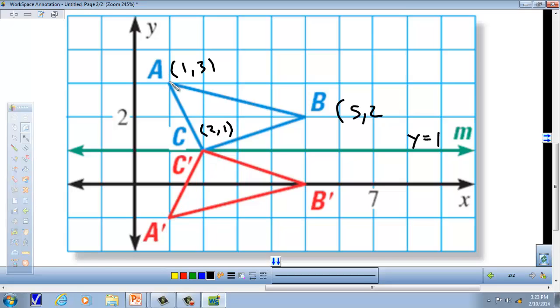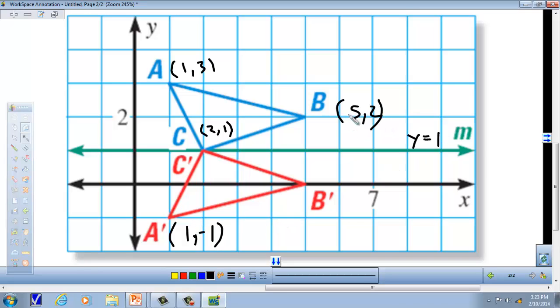So with A, we can see that it's 2 units above the line, so we want to go 2 units below the line. That would make this point 1, -1. Basically, it's 3 minus 2 to get to 1, so we'd go another -2 to get the -1.